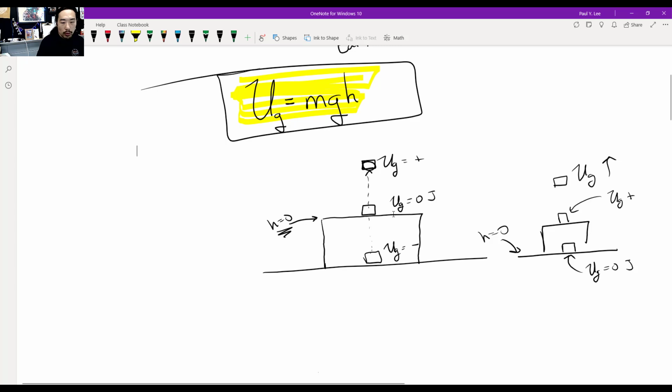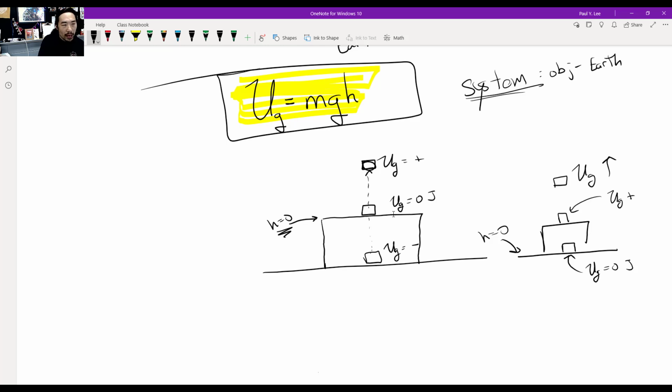The other thing I want to point out is this idea called a system. We'll get more into this system idea later, but it's important for us to be introduced to it. A lot of the time when you see these physics problems, it'll define the system as the object-Earth system.